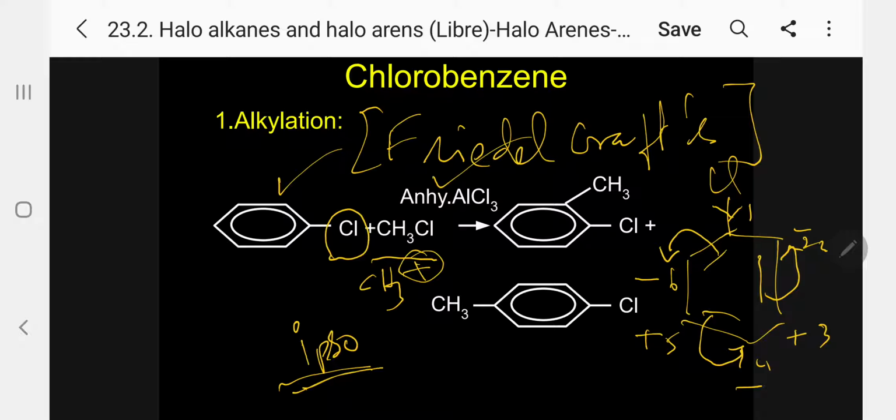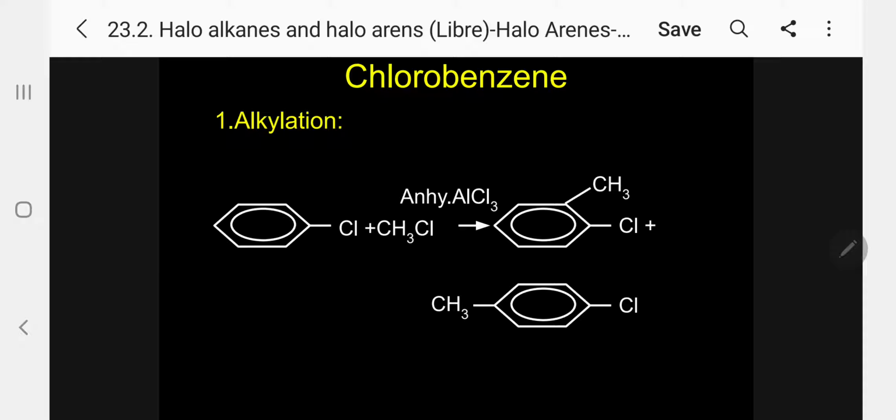So CH3 plus will now attack both ortho and para. Kindly follow. Because negative is there, only in the negative position will it go. As I already told you, it will first form a pi complex, attached to the central ring, then it will be converted into a sigma complex. Kindly follow.